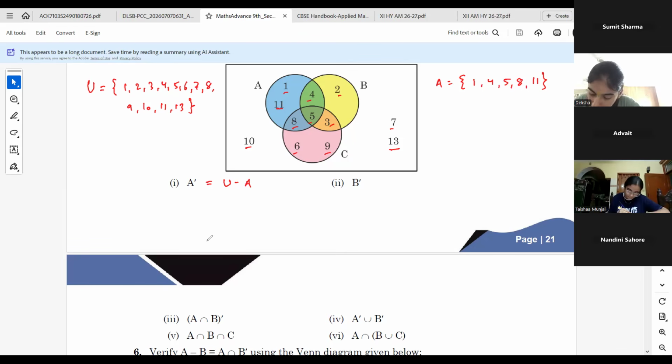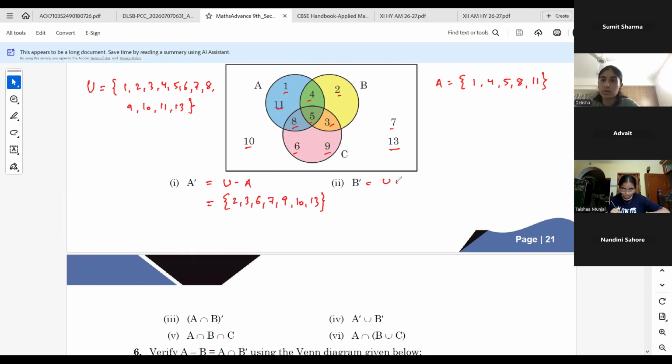So U minus A will be all the elements of U except the elements of A. So you'll write down 2, 3, 6, 7, 9, 10, and 13. These are the elements of A complement.